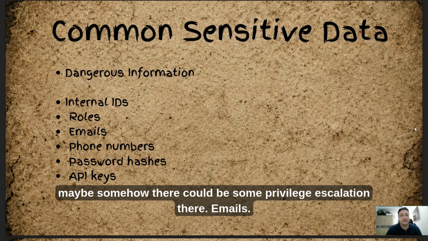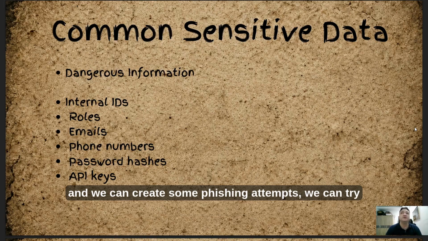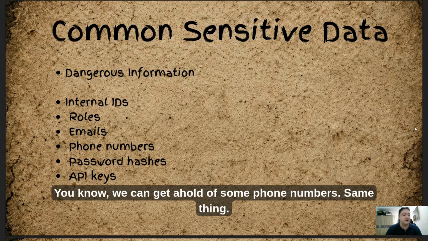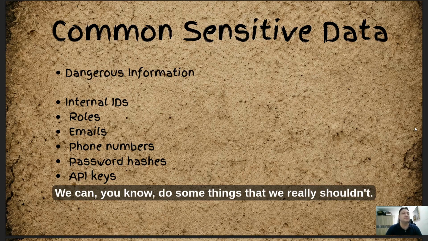Emails are dangerous because if we can gather some emails, we can create phishing attempts, scams, spam, all this stuff, not great. Phone numbers: same thing, we can do some social engineering, and do things that we really shouldn't.